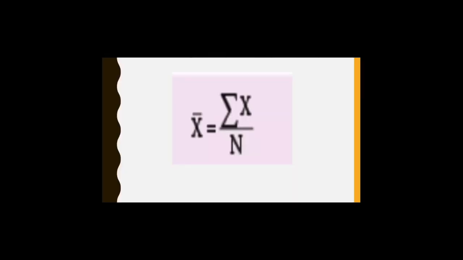Its mathematical representation is x bar is equal to sigma x upon n, where x bar means arithmetic mean, sigma x means the total of the number of values that are given in the data, and n is the number of values, which means that sigma x is the addition of all the values that are given to us, and n represents the number of total values that we are having.